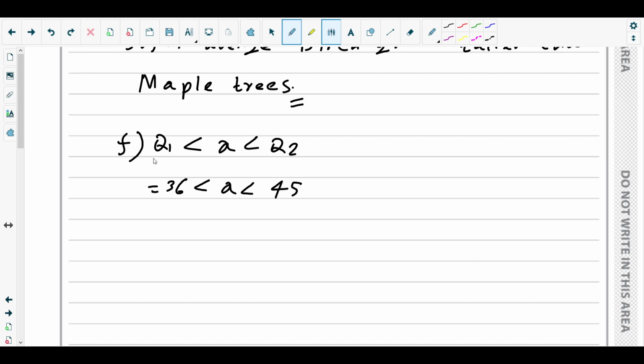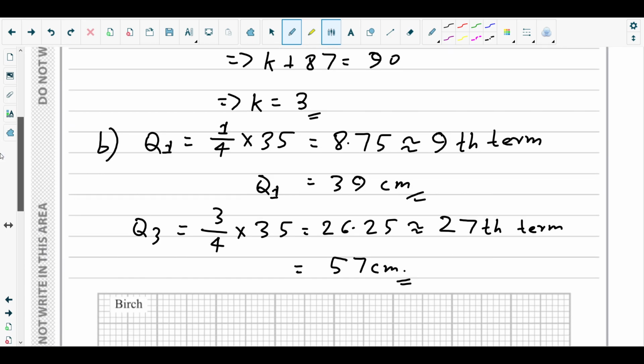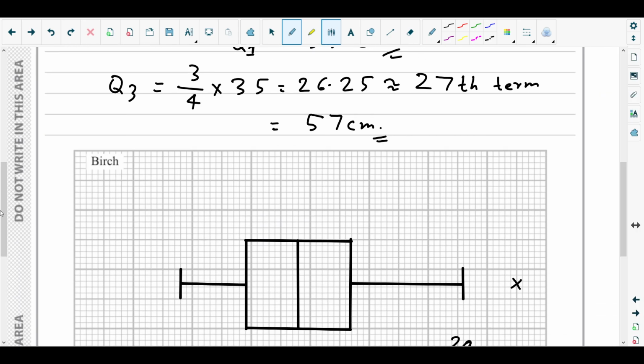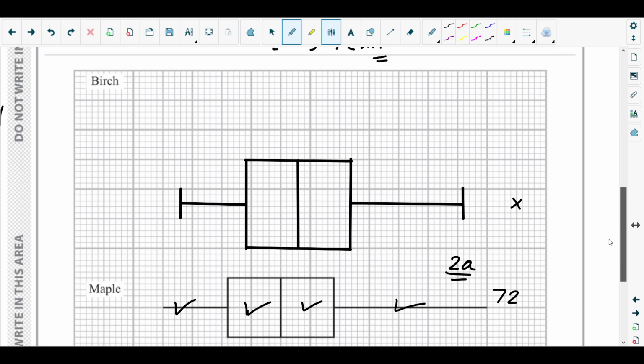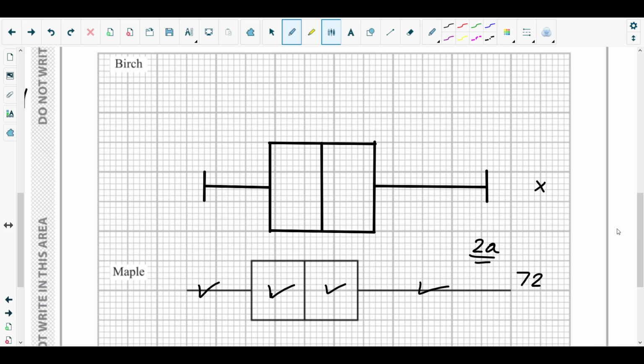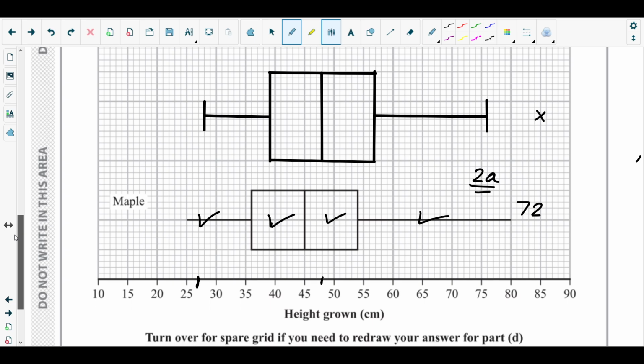Okay, so if you see twice of A would be what? Twice of A would be 72, right? So twice of the upper limit would be 90.